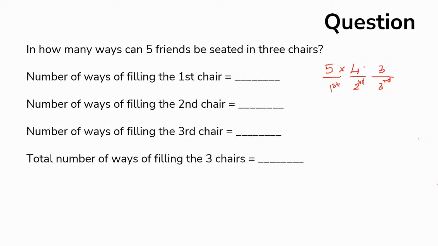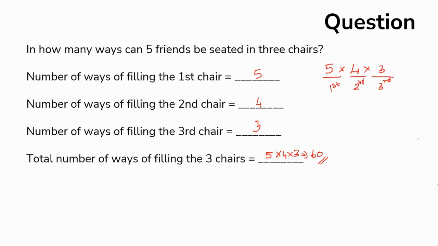So 5 into 4 into 3 will give me the total number of arrangements for this one. The number of ways of filling the first chair is 5, the second chair is 4, and the third is 3. So the total number of ways you'll get is 60 possible arrangements.